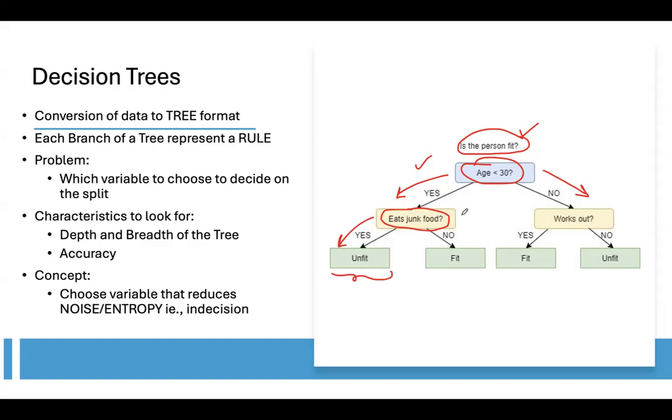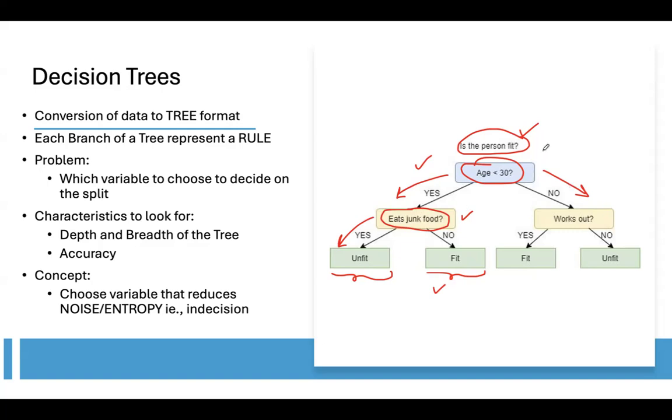If the answer to the second question is no, then you can say that the person is fit. So here we have some rules, and these rules represent a sequence of questions. This sequence of questions is represented in a tree format, which is given here.